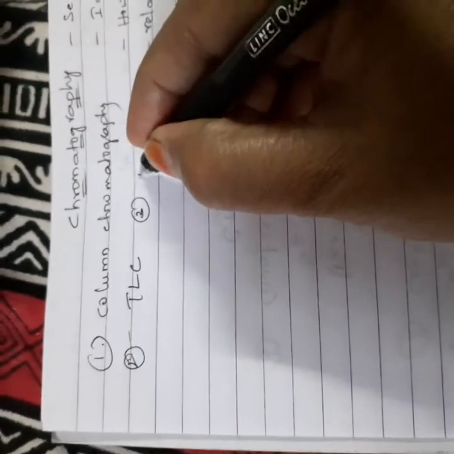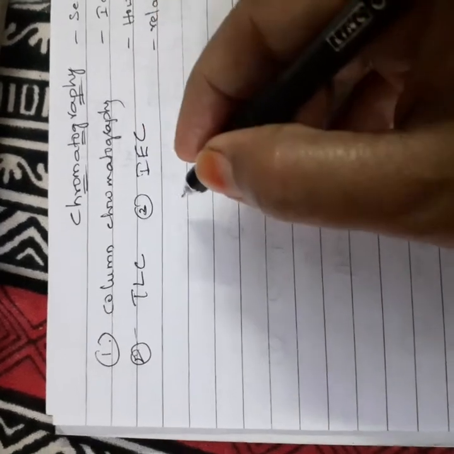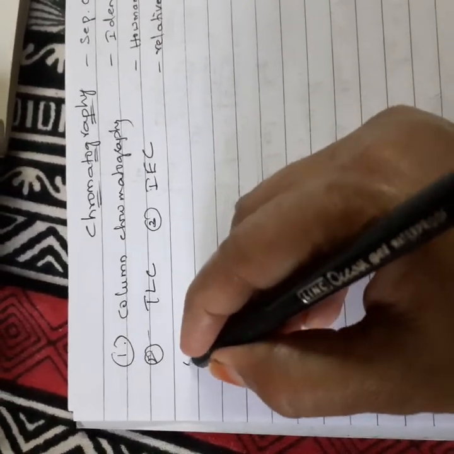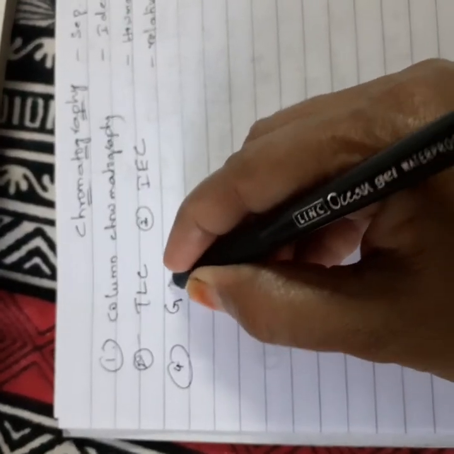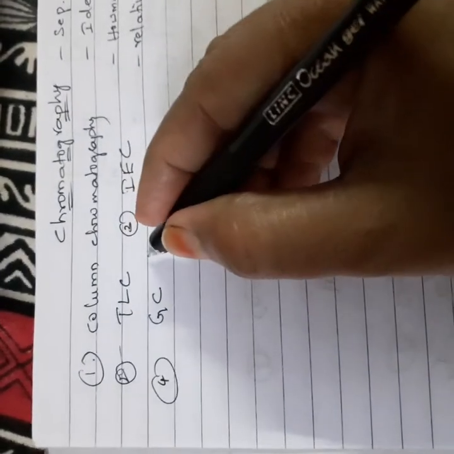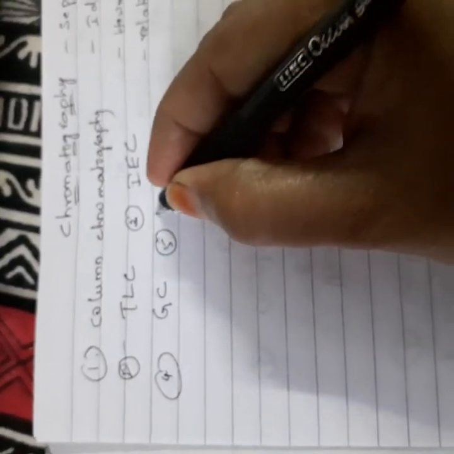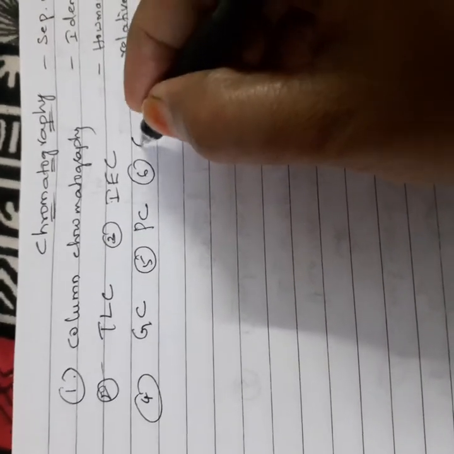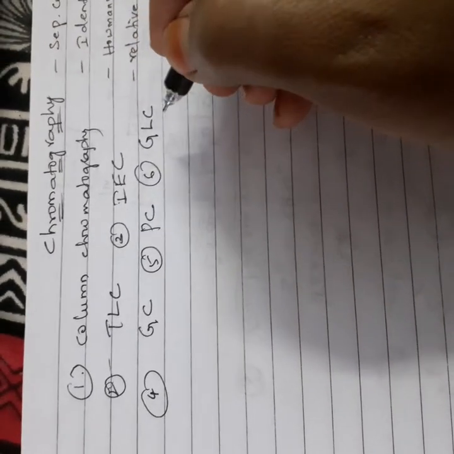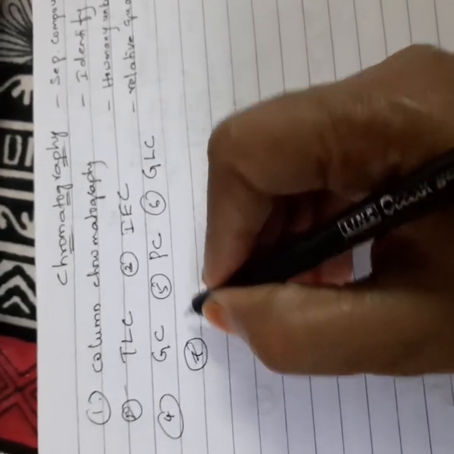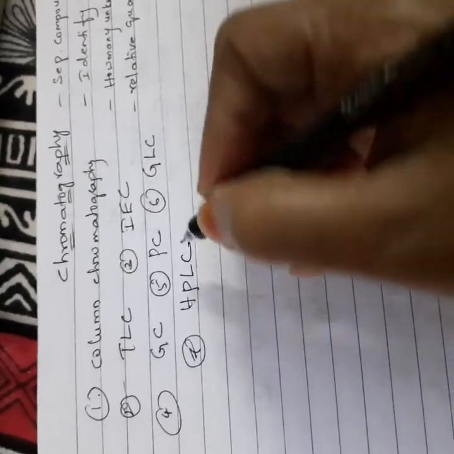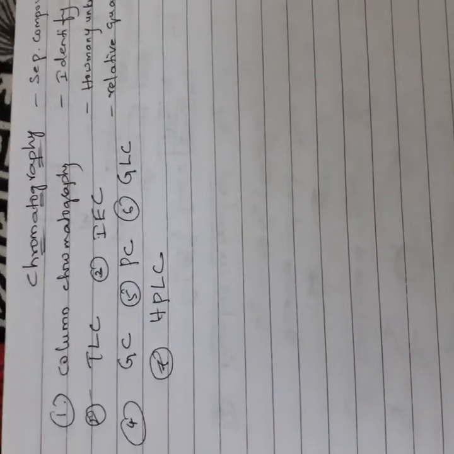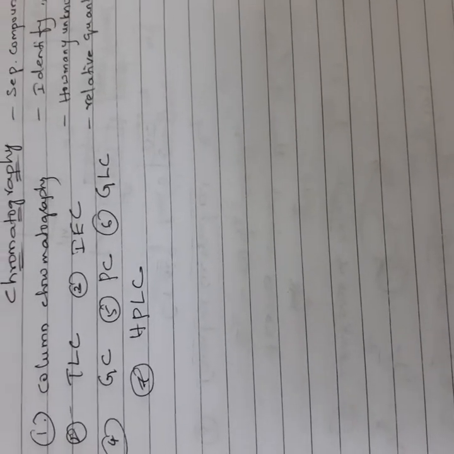Third one is IEC, that is ion exchange chromatography. Fourth one is GC, that is gas chromatography. And fifth one is paper chromatography, that is PC. Next one is gas liquid chromatography. And finally the last one is HPLC, that is high performance liquid chromatography.